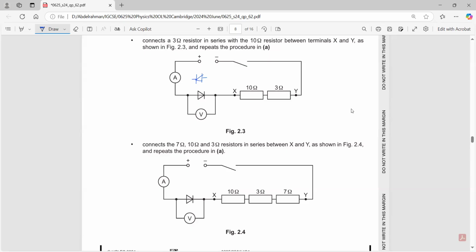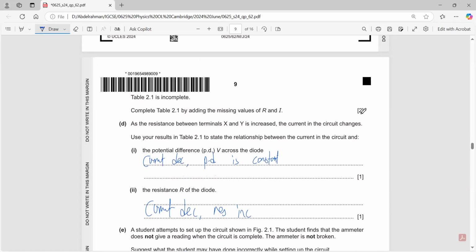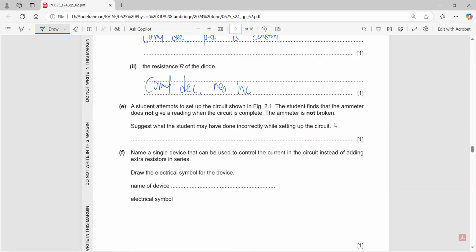It would not give a reading. Okay, it has to do with the diode. The diode is in the opposite direction.